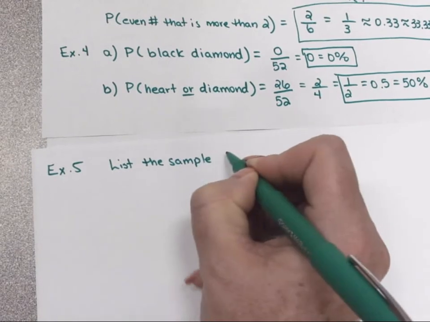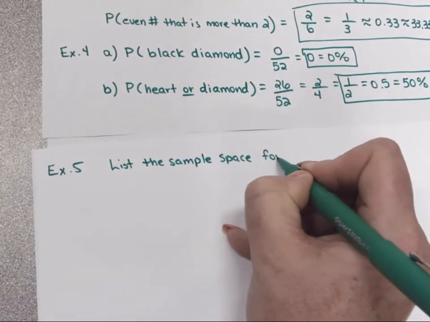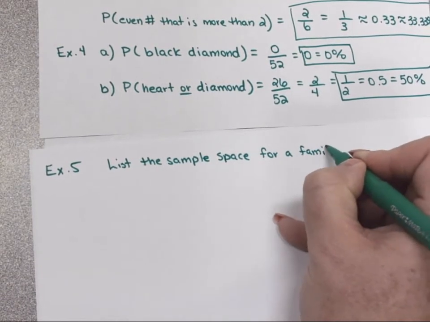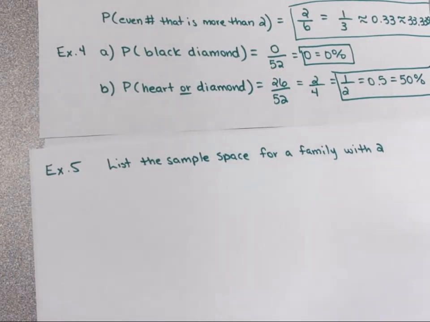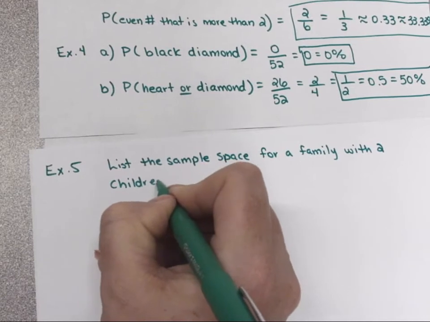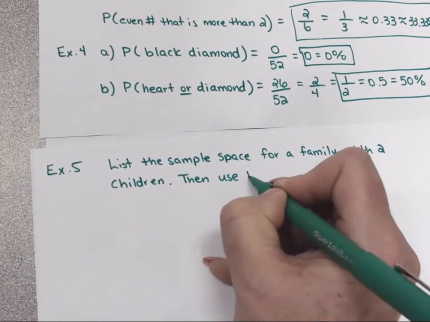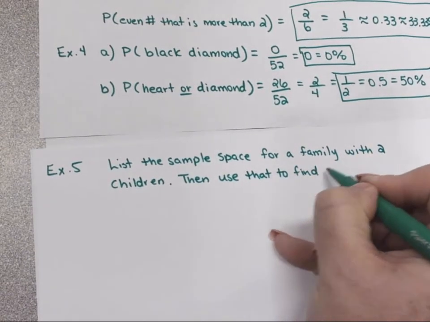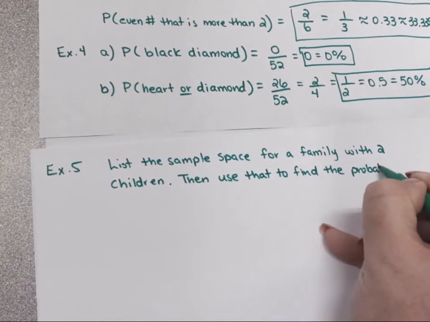So let's list the sample space for a family with 2 children, then I want you to use that to find the probability that both are girls.